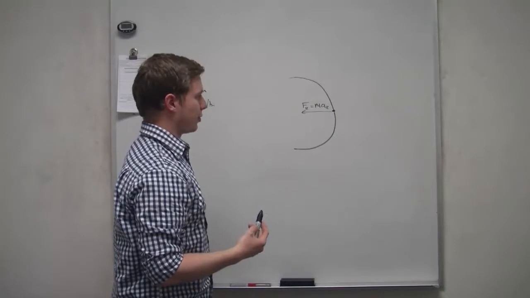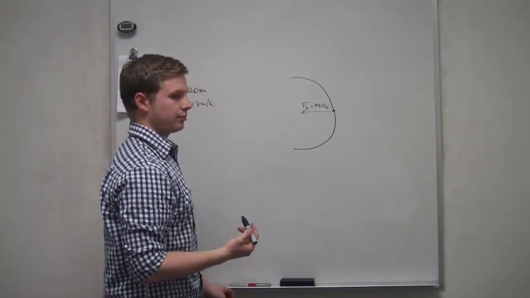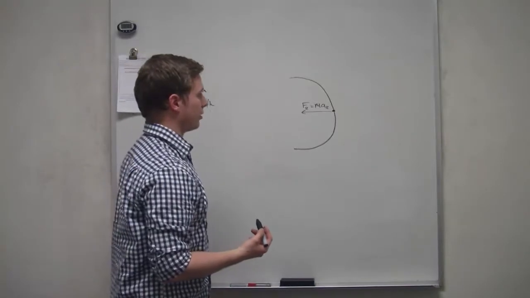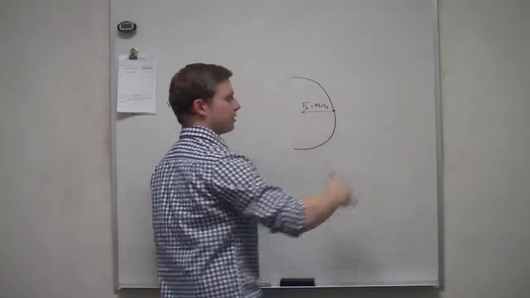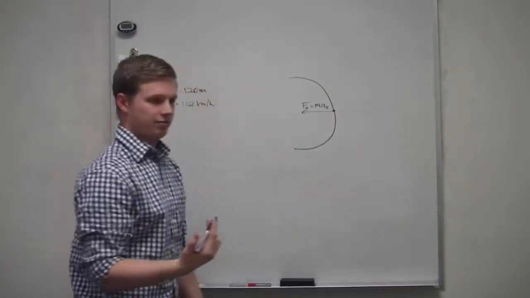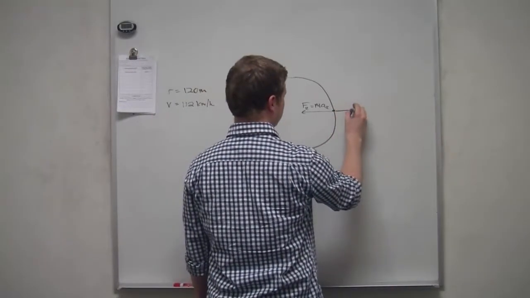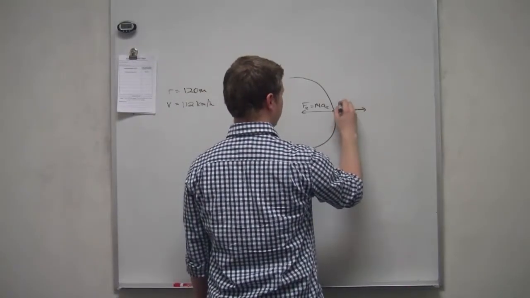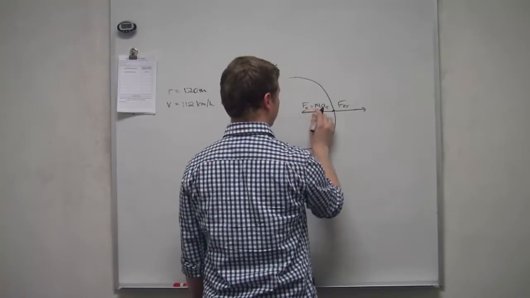So what other forces do we have? Well, the net force would just be the total on all of them. What about friction? Static friction. Yep, so we're going to have friction pulling that way.